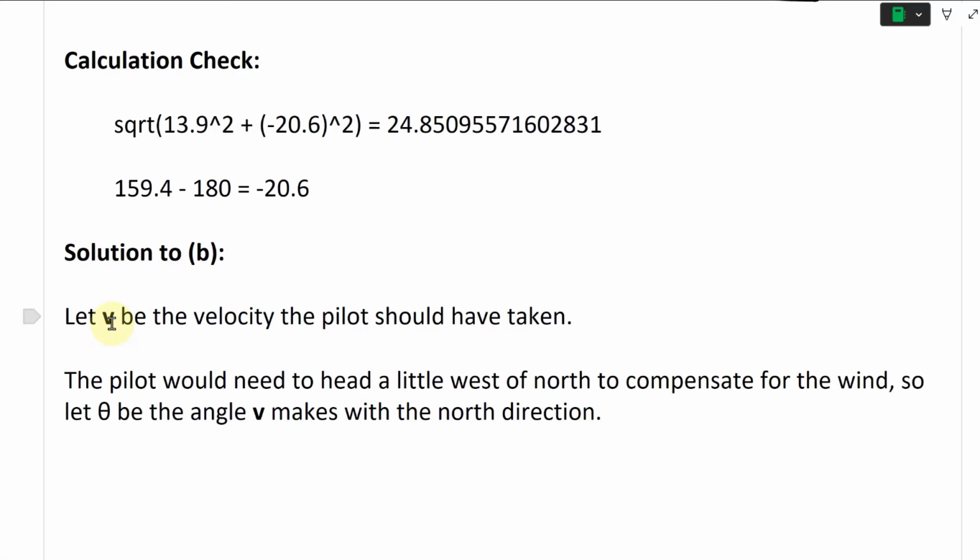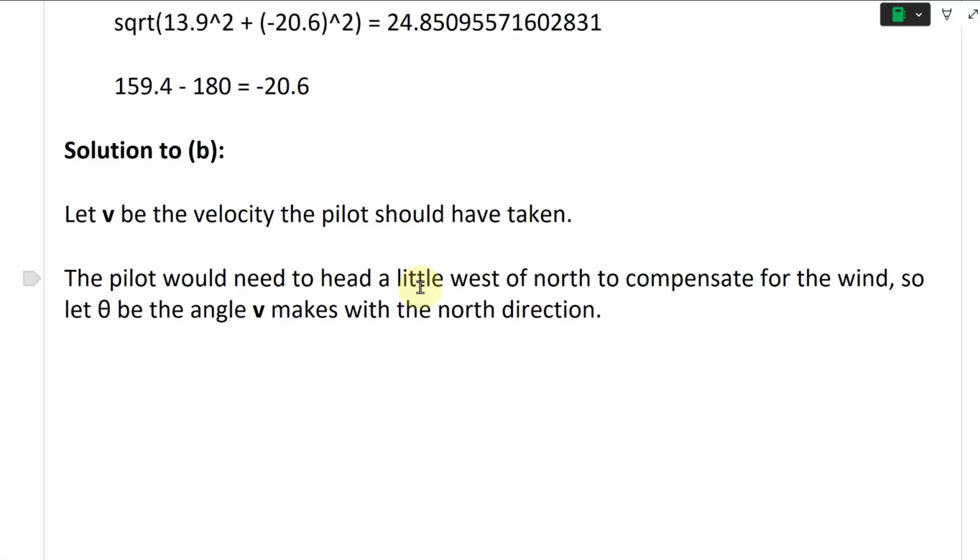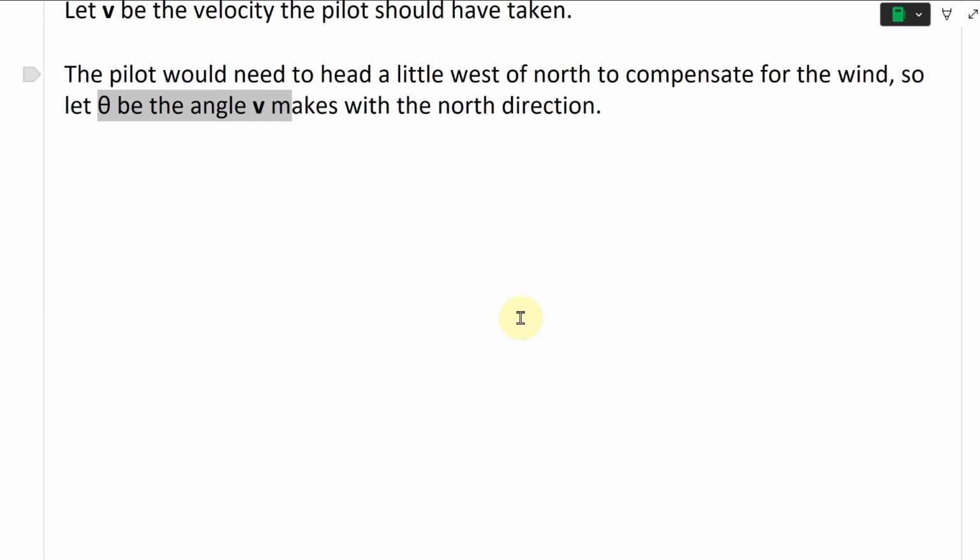So let V be the velocity the pilot should have taken, and the pilot would need to head a little west of north to compensate for the wind. So let theta be the angle V makes with the north direction. Alright, so let's graph this out. Let's say we have our ground speed, it ends up going over here, VG.